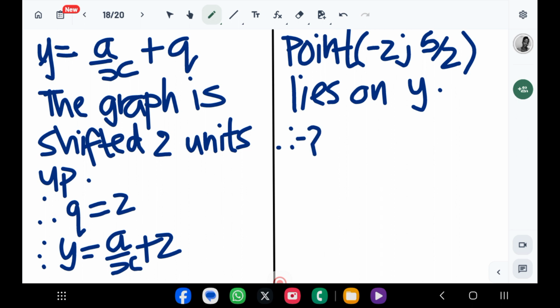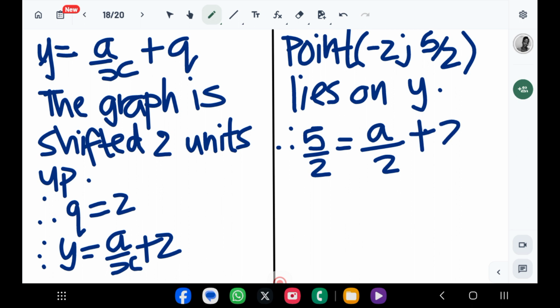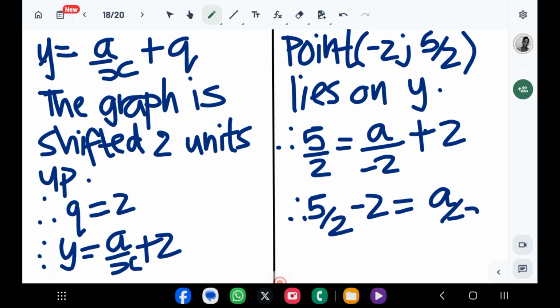The y coordinate is 5 over 2, which equals a over the x coordinate, negative 2, plus 2. Therefore, take the 2 to the left hand side. 5 over 2 minus 2 equals a over negative 2.